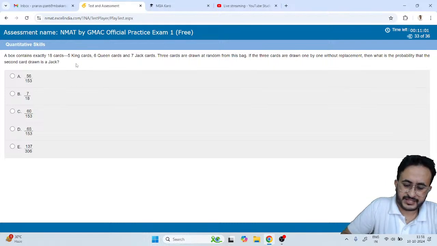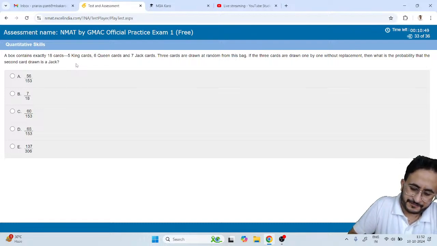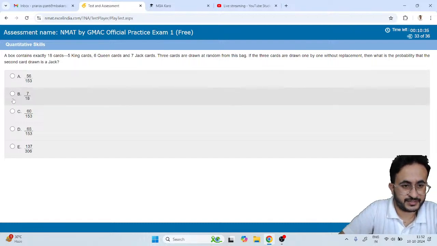In the second case, non-jack in the first draw is 11 by 18, and the second should be a jack, that means 7 by 17. So we have 7 into 6 is 42 plus 77, upon 18 into 17. That gives us 119 upon 18 into 17. 17 sevens are 119. So 7 by 18 is the answer.